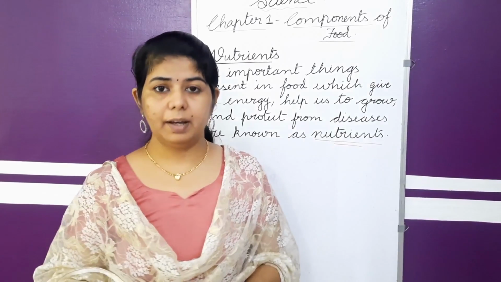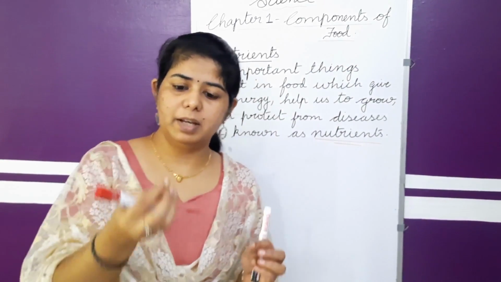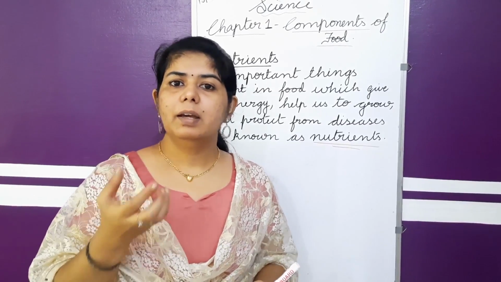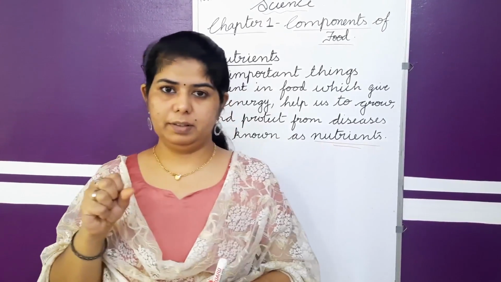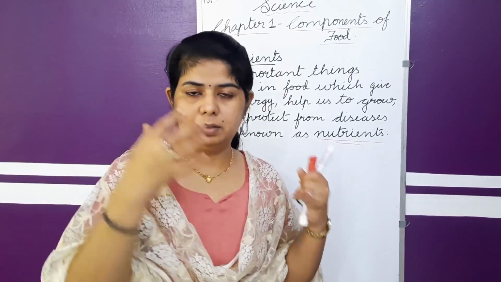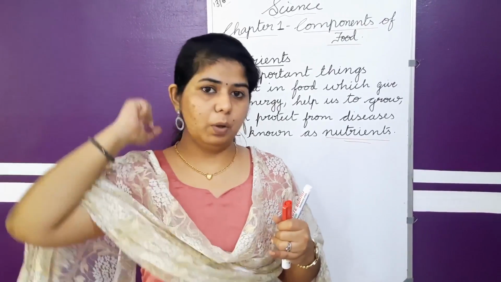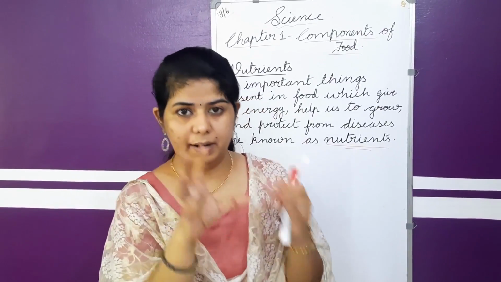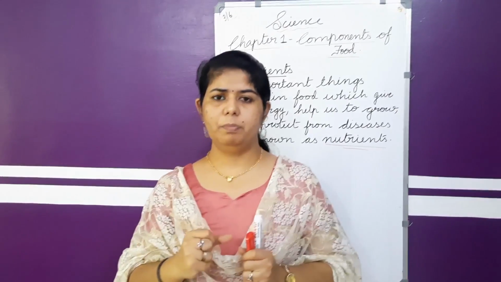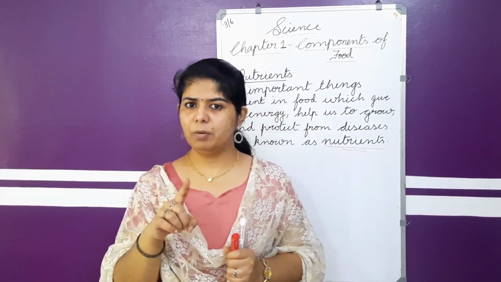And we have said that in all the food items, if you take rice, it doesn't have all the nutrients together. It doesn't contain the element that makes us grow. It contains only an element which gives us energy.